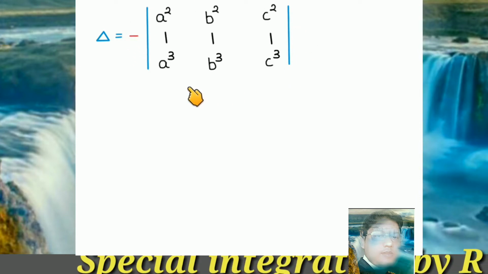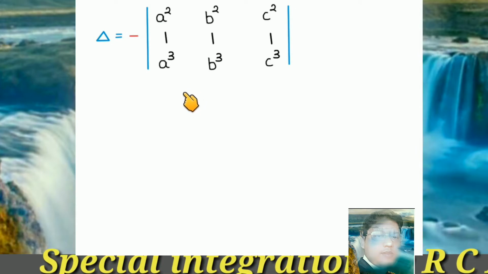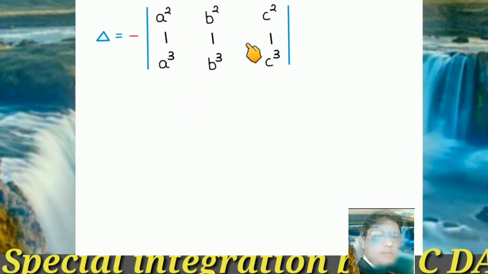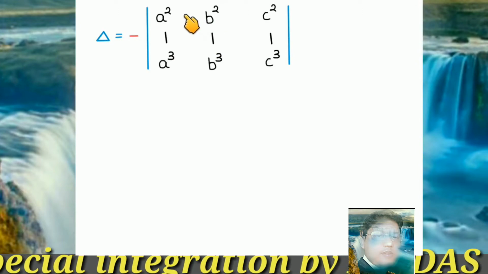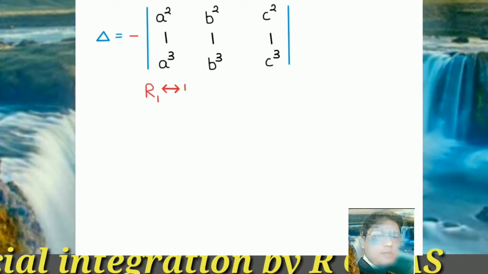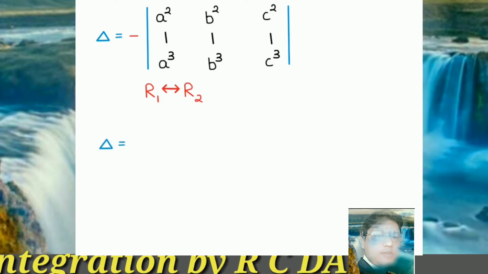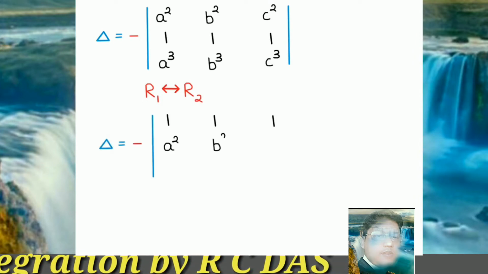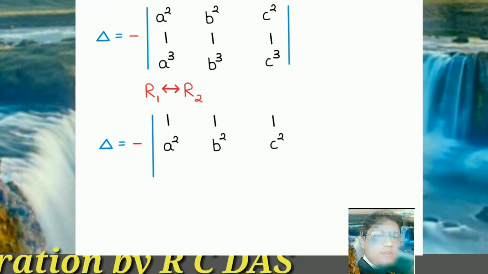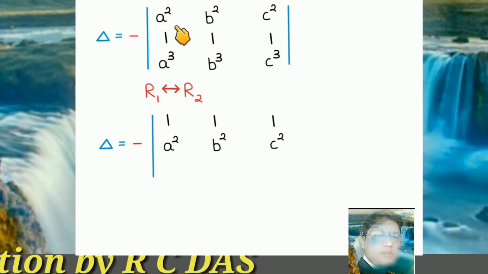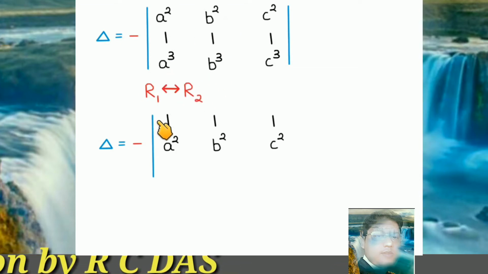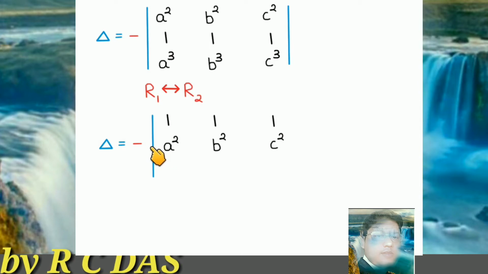Again, one time I have to interchange any row or column, so R1 and R2. If I interchange R2 and R1, then I will get 1, 1, 1; A square, B square, C square. Again, a minus comes from the first.